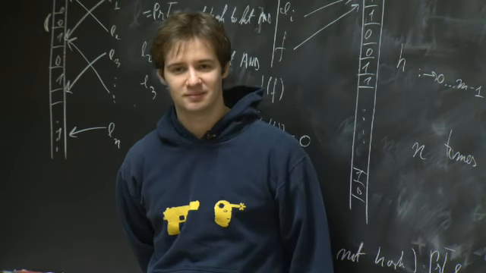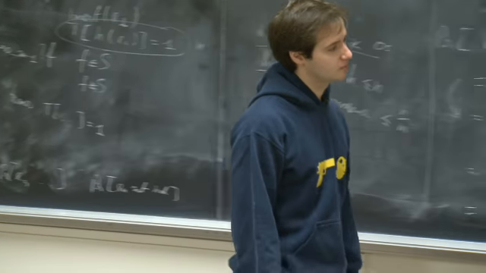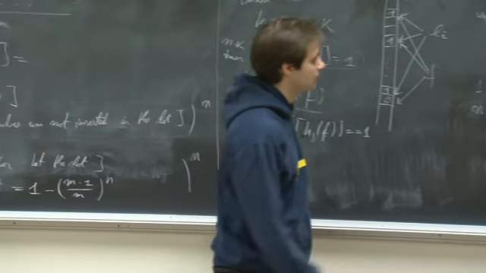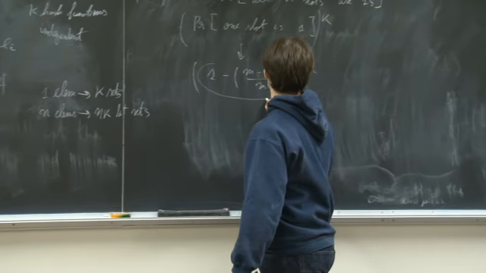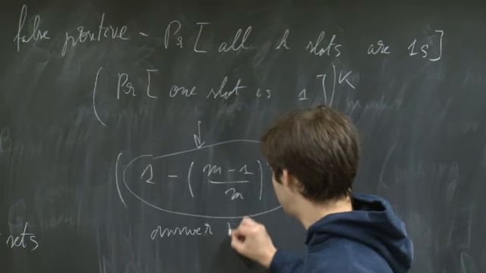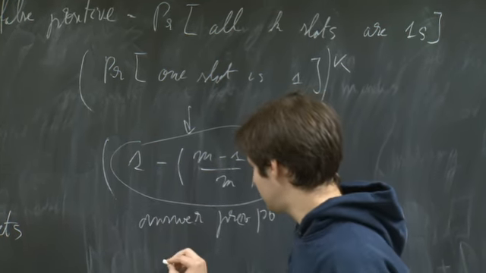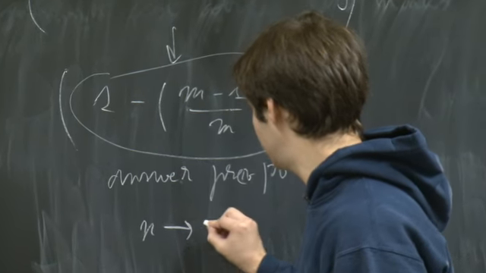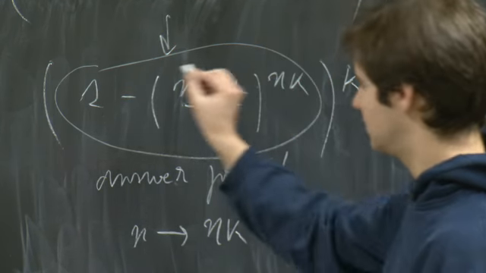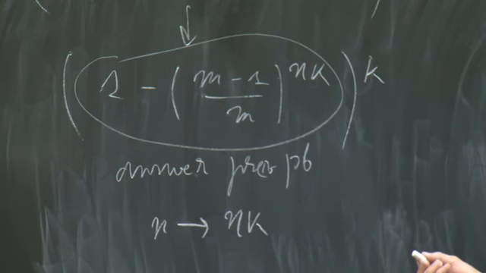Why is it raised to the k? Because if we replace n with nk, then we get the answer to the previous problem, except you take an n and you replace it with an nk. So this is the probability that one bit is set to 1.